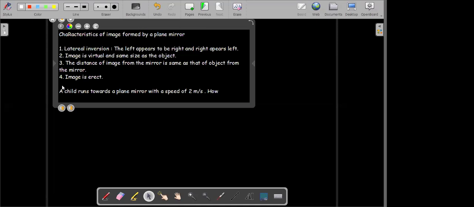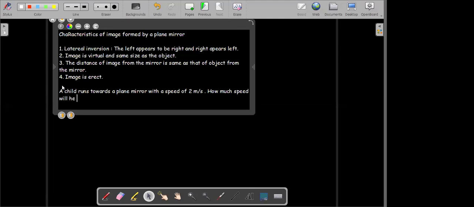So how much speed will he observe of his image? Sir, it's 2 meters per second. Yes, sir.